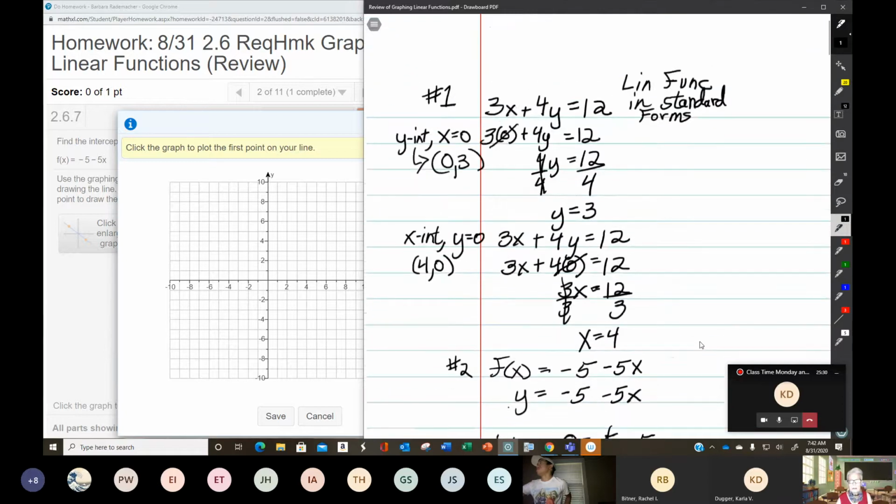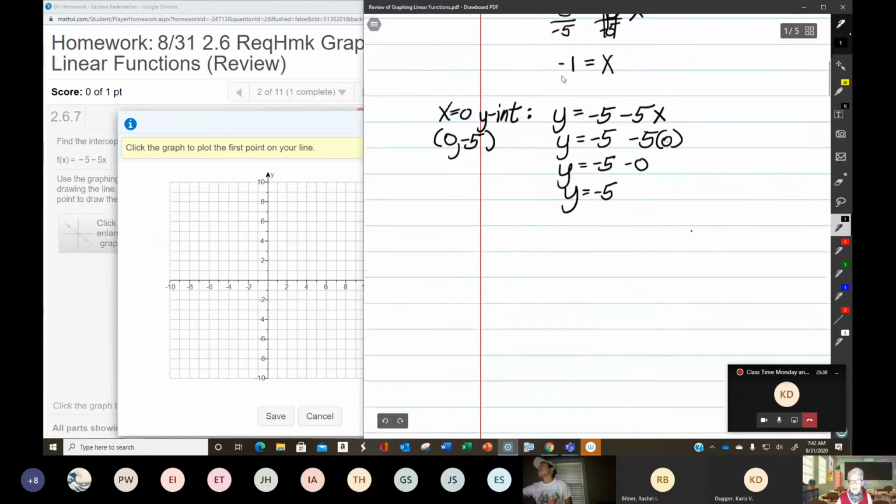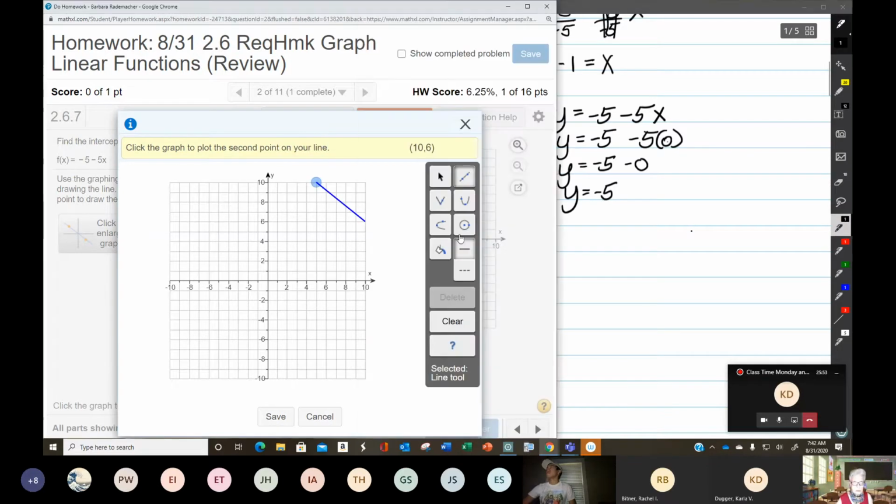Because up here, the x is to the 1 power, and the y is to the 1 power. And down here, the y is to the 1 power, the x is to the 1 power. Whenever all of your variables are to the 1 power, you have a straight line. That way you always know when to graph a straight line.